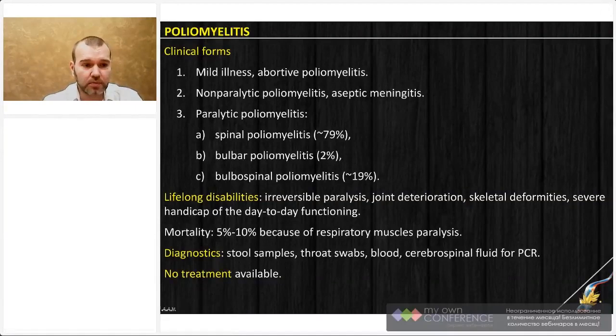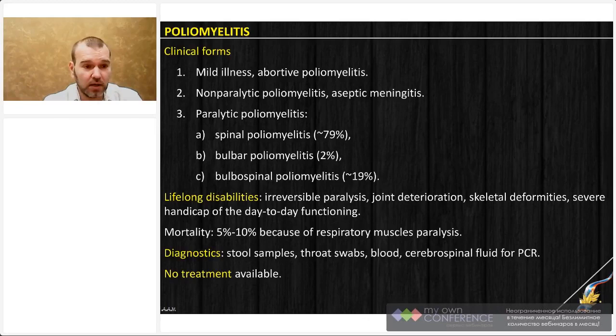So as we partially said already, polio is classified into 3 clinical forms, which are known as mild illness or abortive poliomyelitis, non-paralytic polio or aseptic meningitis, and paralytic polio. And paralytic polio can be divided into 3 additional forms: spinal polio, bulbar polio, or mixed polio, bulbar-spinal polio.